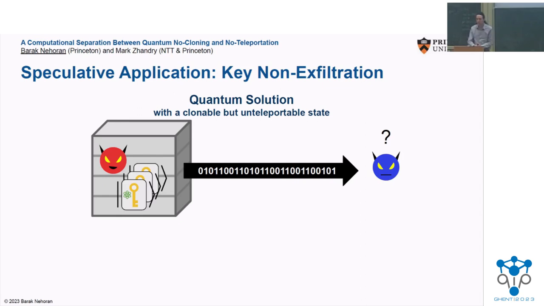Can you say anything about the difficulty of this in a glass box model, where you're given a description of the circuit that produces your clonable state?